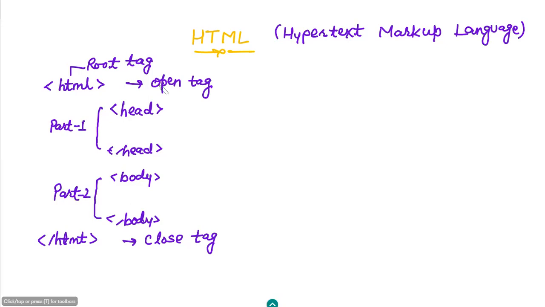Part 1 will contain some scripting code. Whatever we write for a scripting language, we will use this tag. You can write one more tag, that is the title tag.